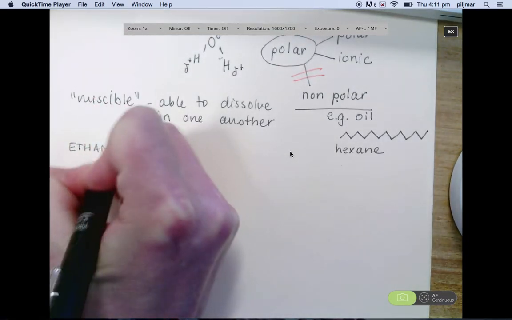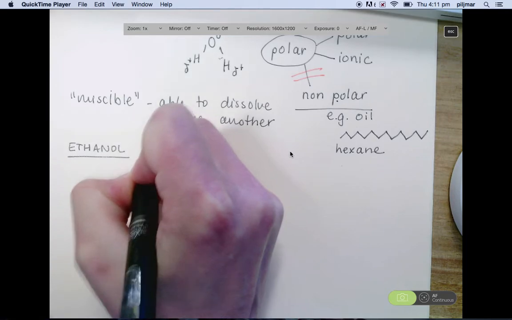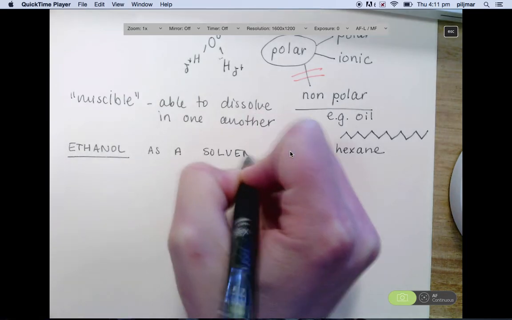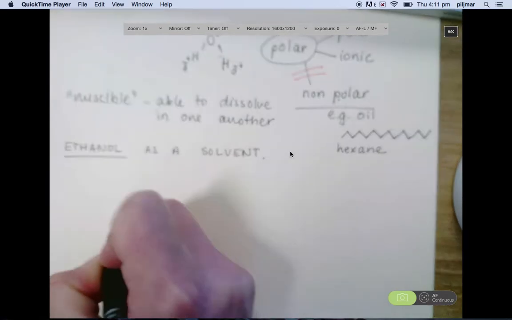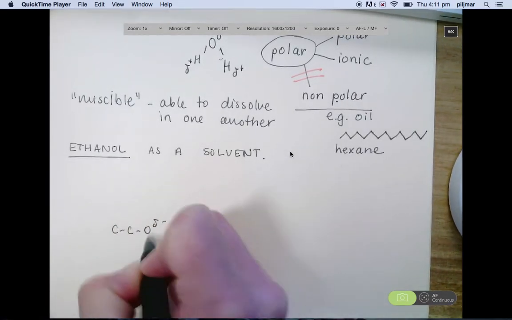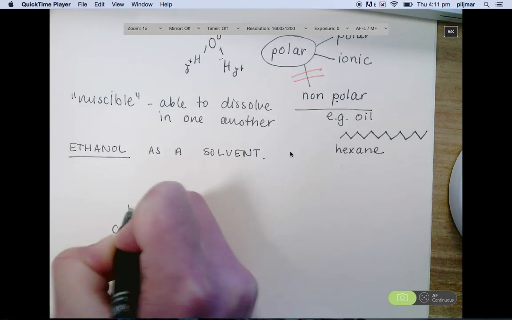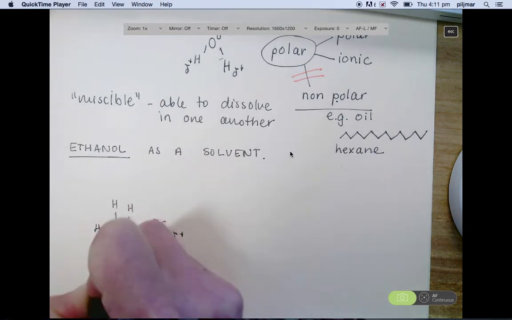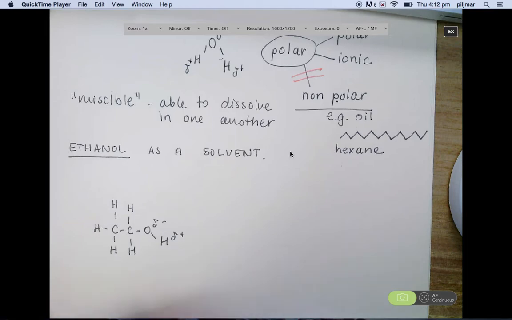So now we're going to have a look at the use of ethanol as a solvent. How good is it? How useful is it as a solvent? If we look at its structure, once again, we reiterate, it's got the twofold structure. It's got the ethyl non-polar group. It's got the hydroxyl polar group. So if we're going to dissolve, for example, water and ethanol together, then you would hopefully think that it's the hydroxyl group that's going to form the intermolecular forces between ethanol and water.